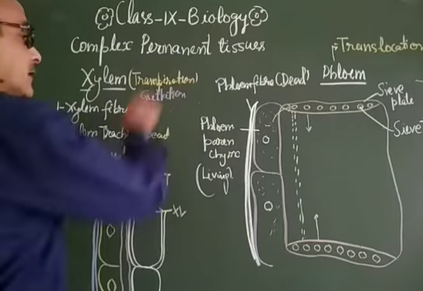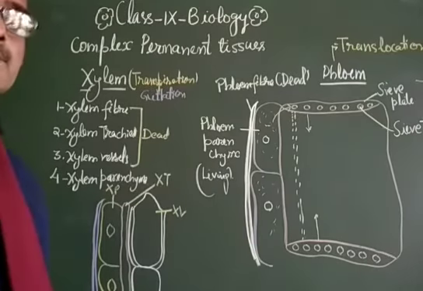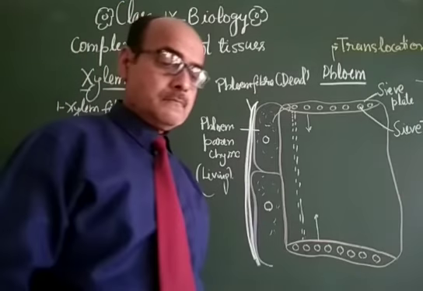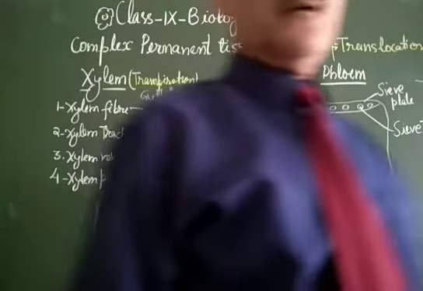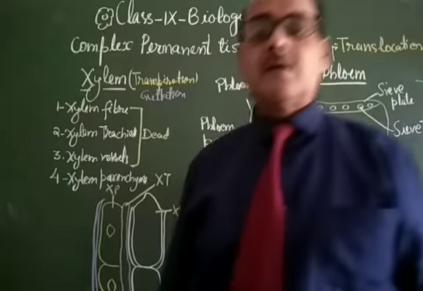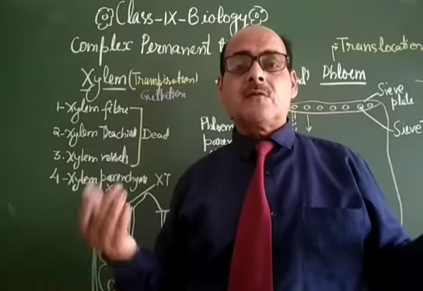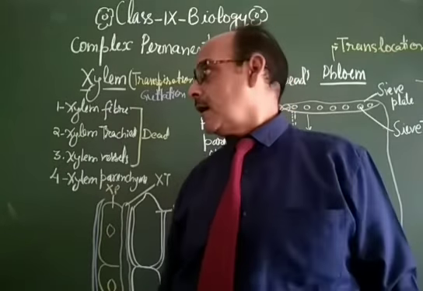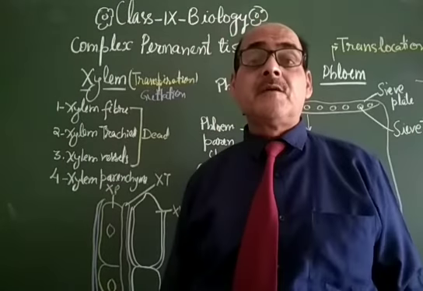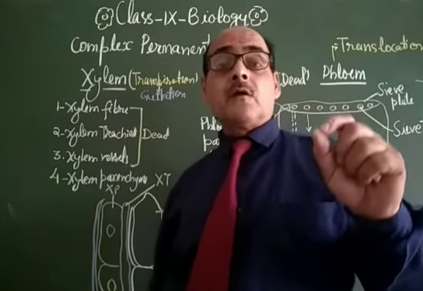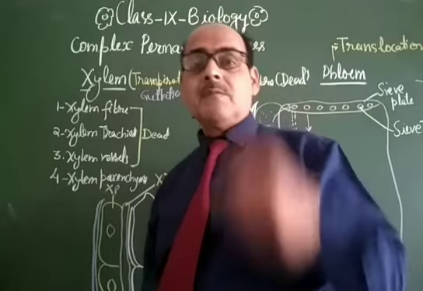So, my dear students, by completing this video, I hope that you learned all the things related to plant tissue, and in the next video you will be able to learn about animal tissue.